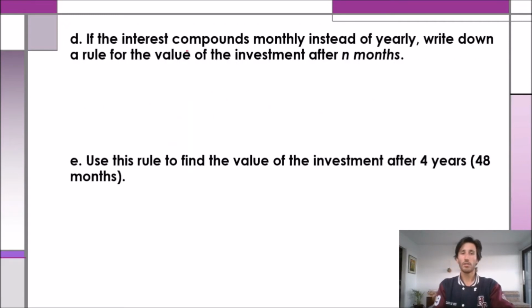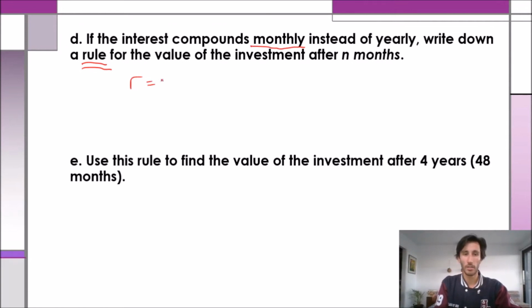All right, if the interest compounds monthly instead of yearly, write down a rule for the value of the investment after n months. So a rule, not a recurrence relation, a rule. And it's talking about monthly instead of yearly.